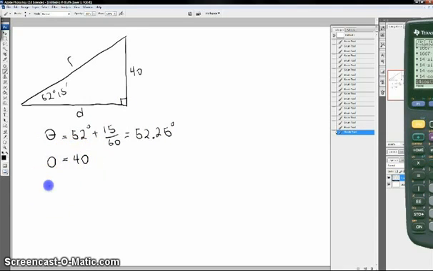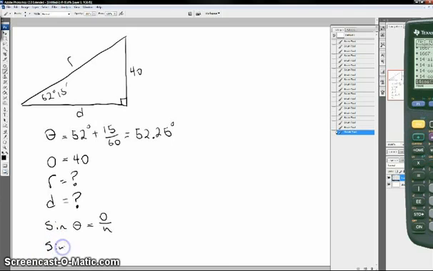We're looking for r, which is the hypotenuse, and we're looking for d, which is the adjacent. We can find the hypotenuse by using sine. So the sine of theta is equal to the opposite over the hypotenuse.